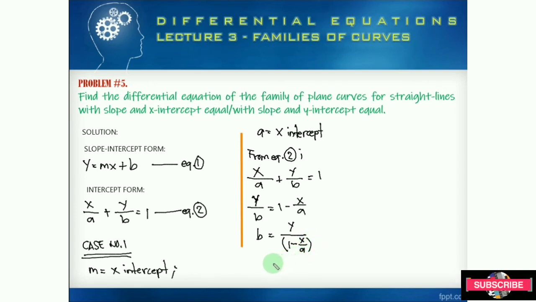But according to this one, our m is equal to the x-intercept, so we can say that m is just equal to a, since our a here in equation 2 is our x-intercept. So we can substitute the value of m equal to a here, so b is equal to y over 1 minus x over m.